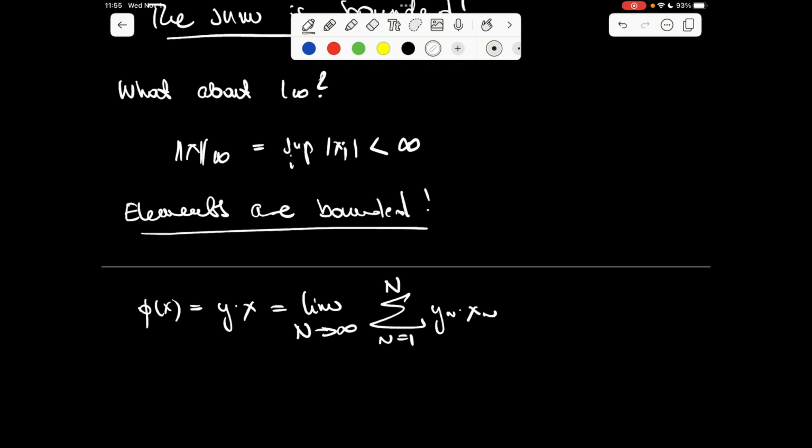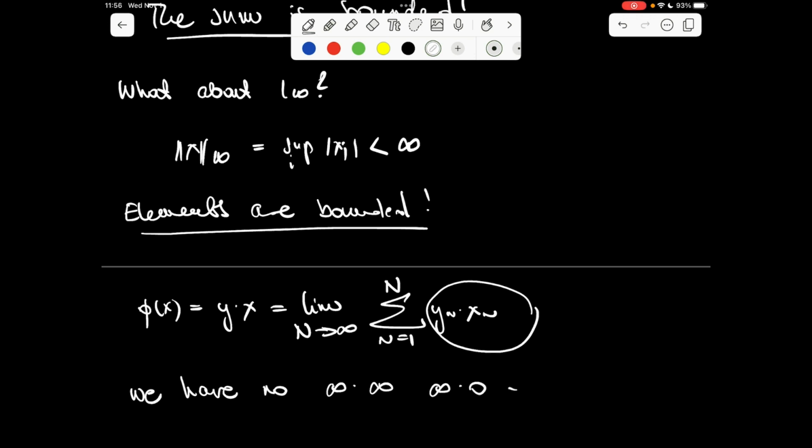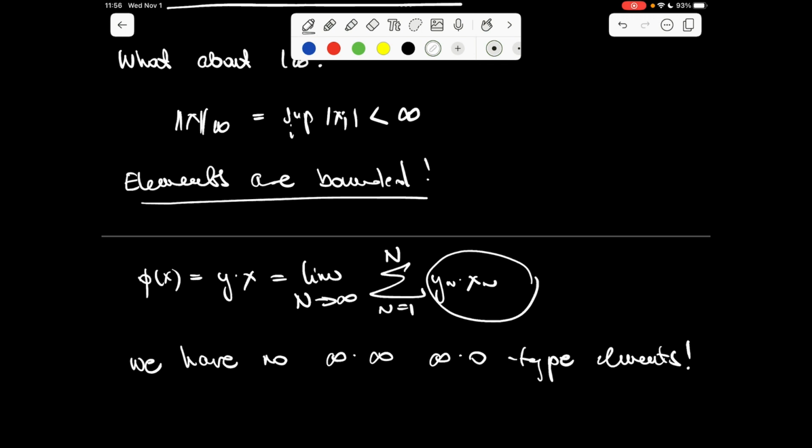It is well defined because both y and x are such that the elements in the sequences are well defined. So we have no infinity times infinity or infinity times zero type elements in this sum. So the linear functional as an inner product representation is well defined.